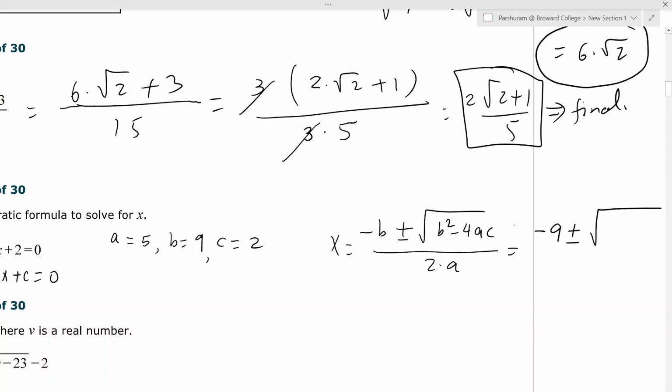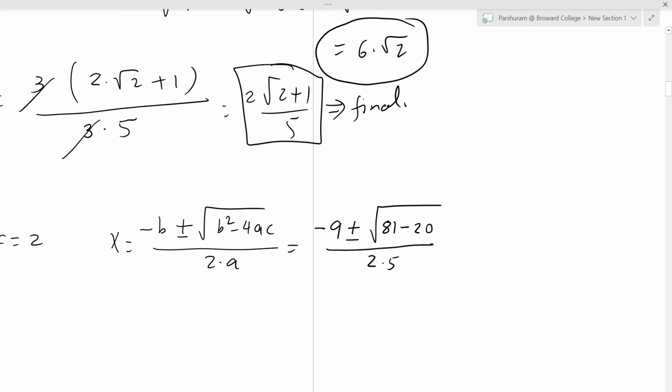B squared, which is 9 squared, is 81, minus 4 times a times c. If you multiply 4, 5, and 2, that will be 20. Divided by 2 times a, which is 5. So finally, on the top, it will be negative 9 plus or minus the square root of 41, divided by 10.